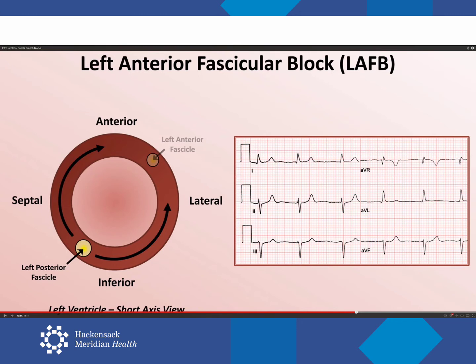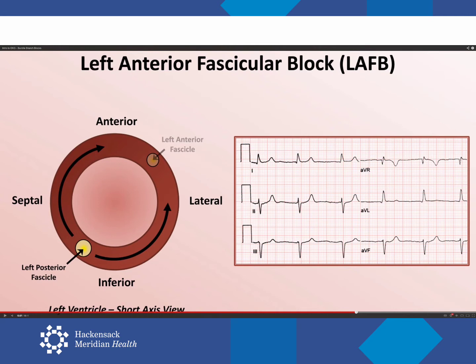Now take a moment to study the diagram. This is a cross-section of the left ventricle from below. The lateral side is to the body's left, the septal side to the body's right, to the body's middle, from our point of view. Notice the left anterior fascicle. If it is blocked, shown here as dimmed out, then the initial activation of the ventricle will go through the posterior fascicle.